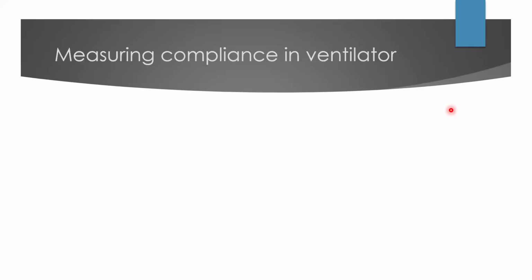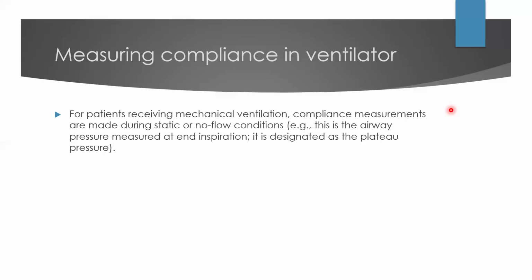So how do we measure compliance in the ventilator? We know the various pressures that we discussed: the peak inspiratory pressure, the plateau pressure, and the PEEP or baseline pressure. At the end of inspiration, the pressure existing in the alveoli will be the plateau pressure. So the pressure that is applied to inflate the alveoli will be the plateau pressure minus the PEEP.